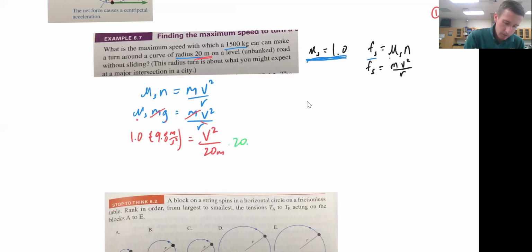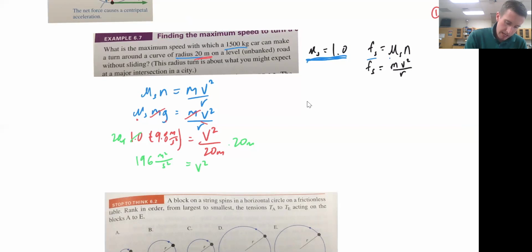Multiply both sides by 20 meters. The 1 is pretty irrelevant, anything times 1. 20 times 9.8 will give me 196 meters squared per second squared equals v squared.